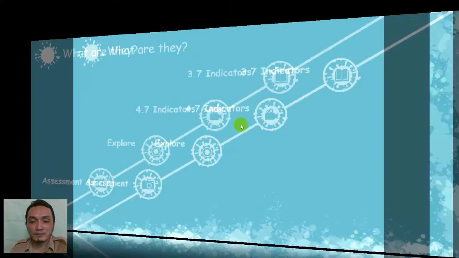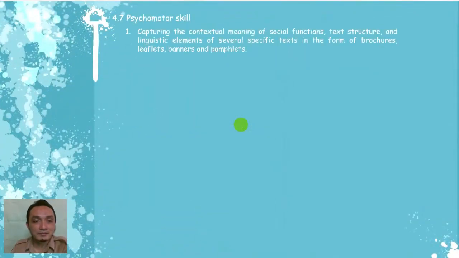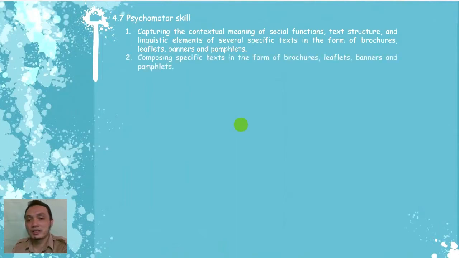In the 4.7 indicators, there are some contents in psychomotor skill. They are capturing the contextual meaning of banners, brochures, leaflets, and pamphlets. And number two is composing a banner, leaflets, pamphlets, and brochures.